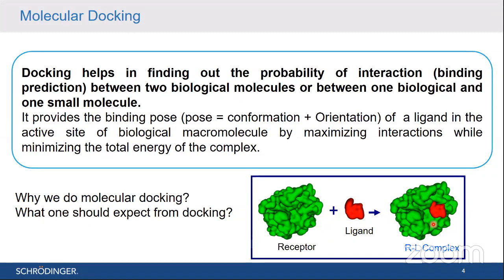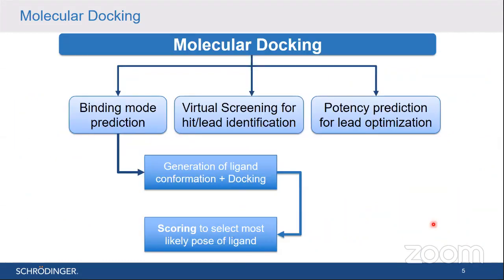Getting information about that complex and its energetics is the process called molecular docking. There are many things one can expect from molecular docking. First of all, you get the binding mode of any ligand molecule inside the protein or receptor, and we can use this methodology for identification of hit or lead compounds which can have a perfect fit. We can also correlate with potency values based on the scores or energetics which you get from the molecular docking pose.